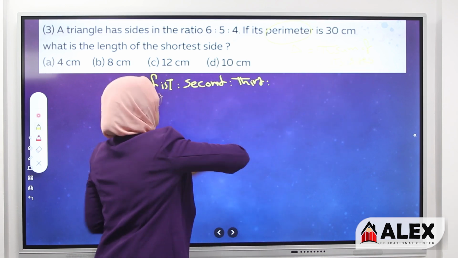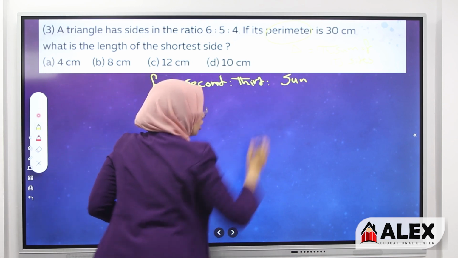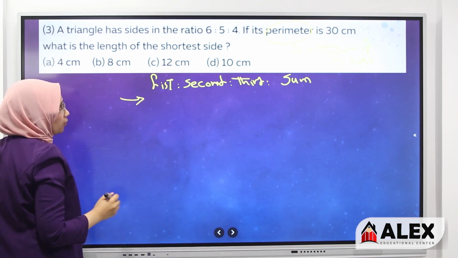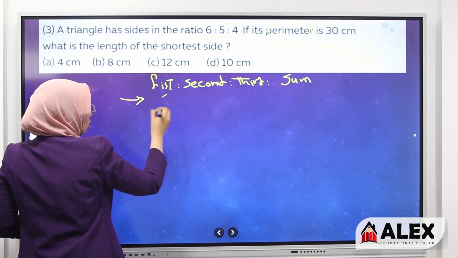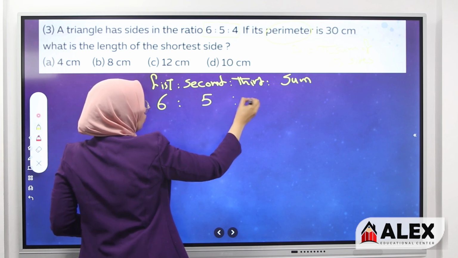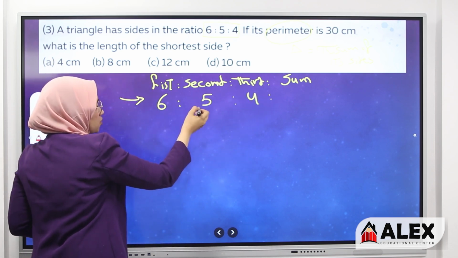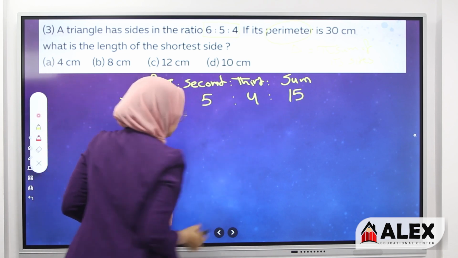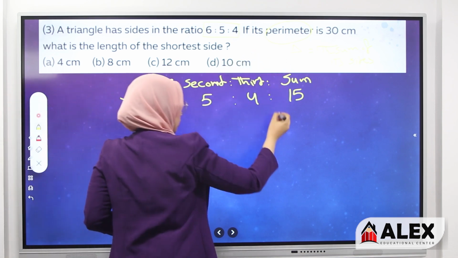In the first step, we write the ratio, 6 to 5 to 4. The sum of this ratio: 6 plus 5 equals 11, 11 plus 4 equals 15. And the real sum, the perimeter, equals 30.